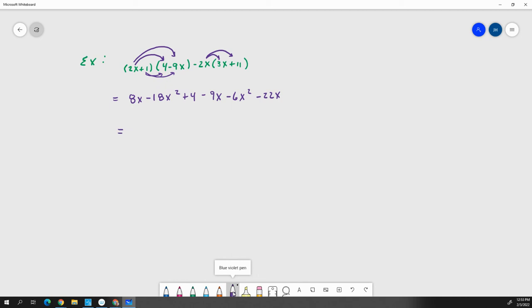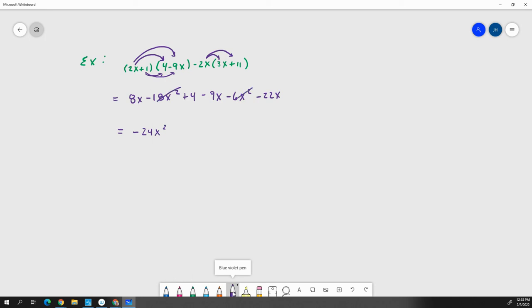And in this case, the highest degree that we have on any of those is 2, right? We have this squared here and this squared here. We don't have anything to the third power. And so we're just going to combine our second powers. We're going to go minus 18x squared minus 6x is minus 24x squared. So those are done, right?